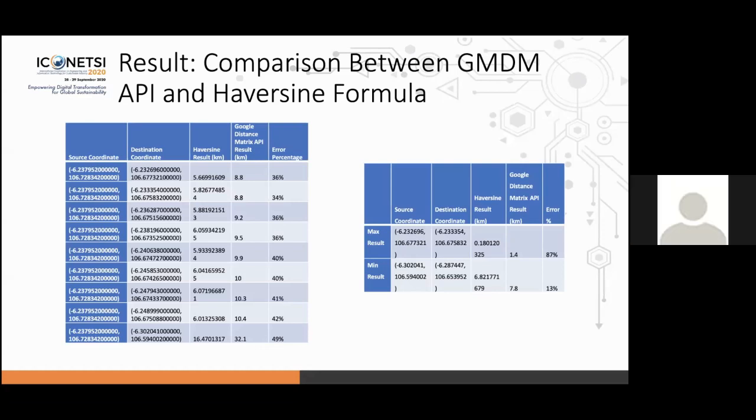So basically, the sample size on the left is just an example of 150 samples we performed to test against the Haversine formula and the Google Maps Distance Matrix API. We can see here that the shortest distance, 1.4 kilometers, gives an 80% error percentage.